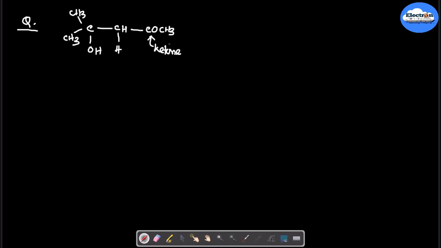Okay, now if this compound is treated with iodine I2 and heat is provided, then what will happen? So here water elimination occurs, H2O gets eliminated, and this elimination is called dehydration.